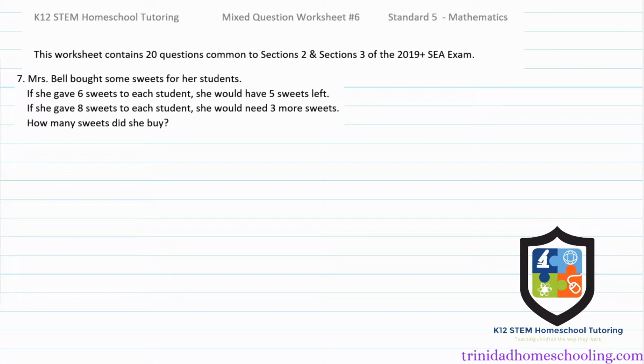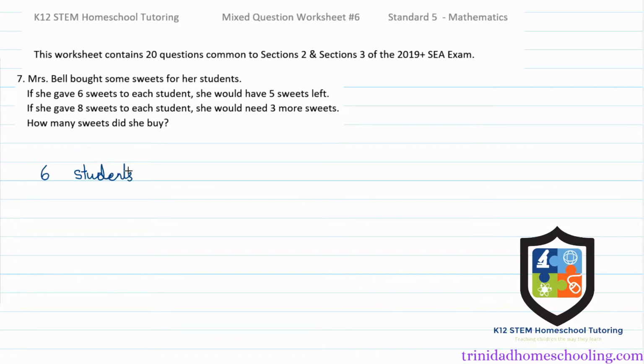Now in both cases, the amount of sweets that she bought and that she had is the same. It's the same amount of sweets that she is sharing in 2 different ways, and we need to find out how many sweets those were. From the first case, Mrs. Bell gave 6 sweets to each student, so we don't know how many students there were.